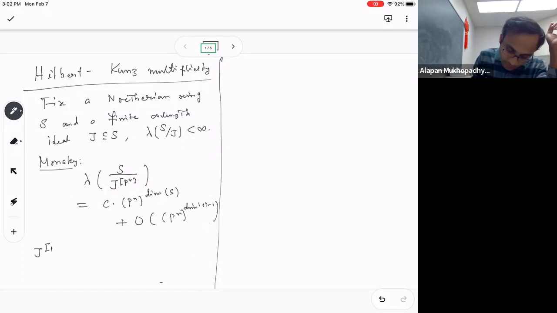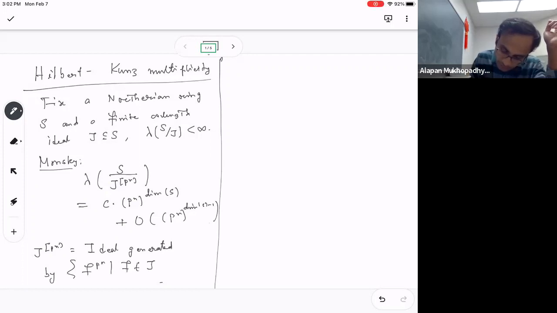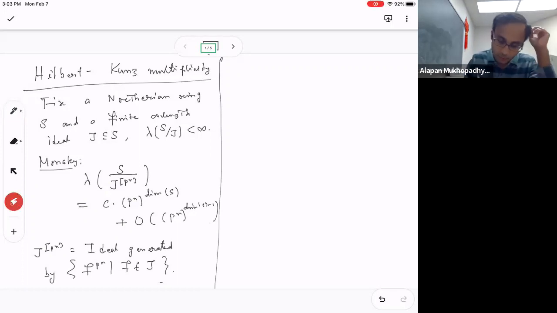J to the P to the N, the bracket power, is just the ideal generated by F to the P to the N, where F is in this ideal J. Let's look back at Monsky's result again.